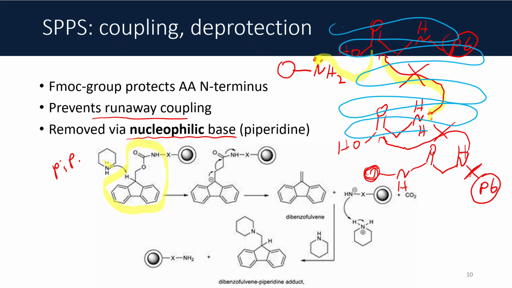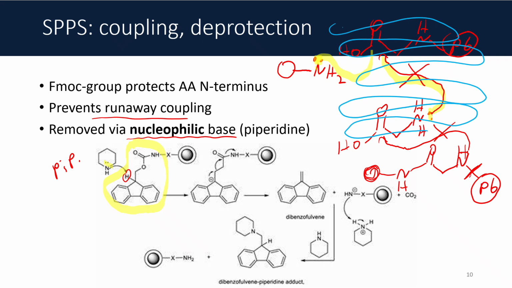You might think, oh, it's nucleophilic, it's going to do nucleophilic attack. I mean, well, not exactly. It's really going to do an acid-base reaction. It doesn't look like it, but this hydrogen over here on this tricyclic moiety is kind of acidic.